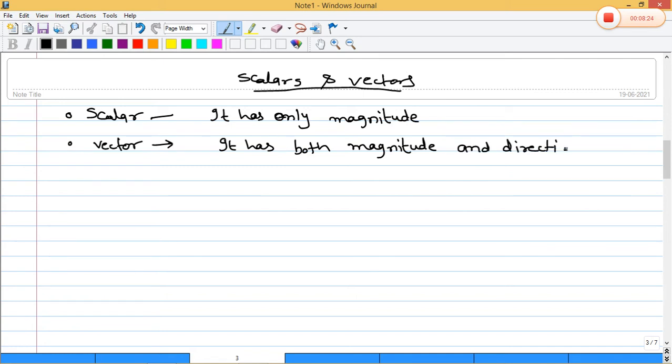The quantity which has magnitude and direction both is a vector quantity.